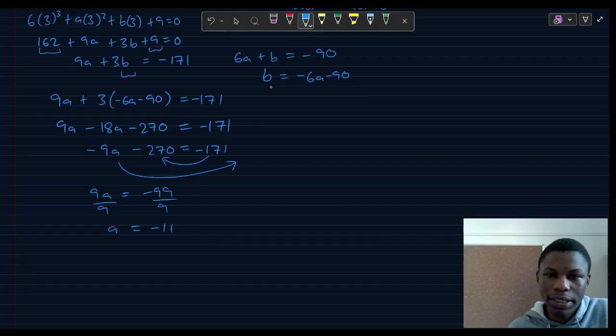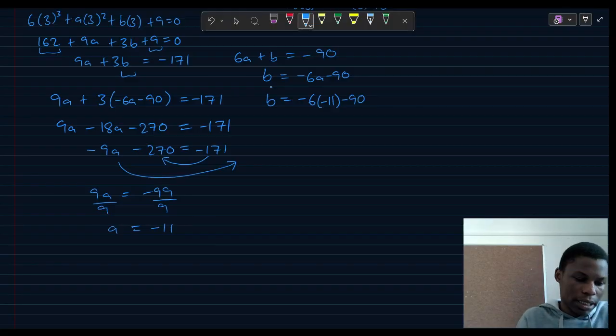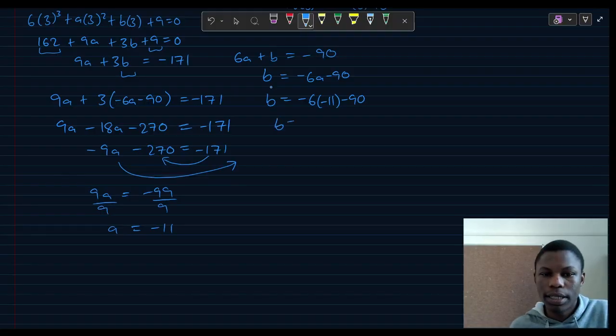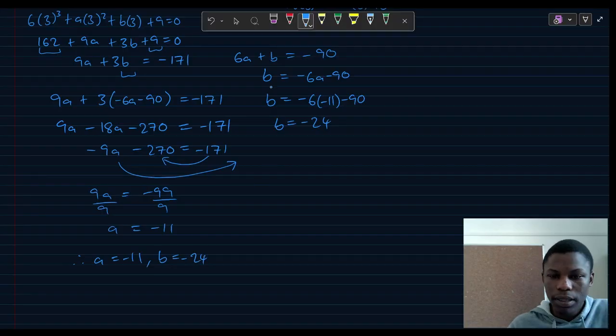So if we substitute a back in, we have that b is equal to negative 6 times negative 11 minus 90. So that becomes 66 minus 90. So b is minus 24. And so we have that a is negative 11 and b is minus 24. And that's that for part a.